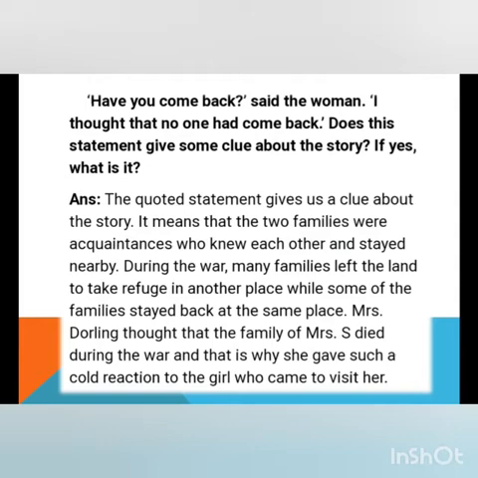The quoted statement gives us a clue about the story. It means that the two families were acquaintances who knew each other and stayed nearby. During the war, many families left the land to take refuge in another place, while some of the families stayed back at the same place. Mrs. Darling thought that the family of Mrs. S died during the war, and that is why she gave such a cold reaction to the girl who came to visit her.